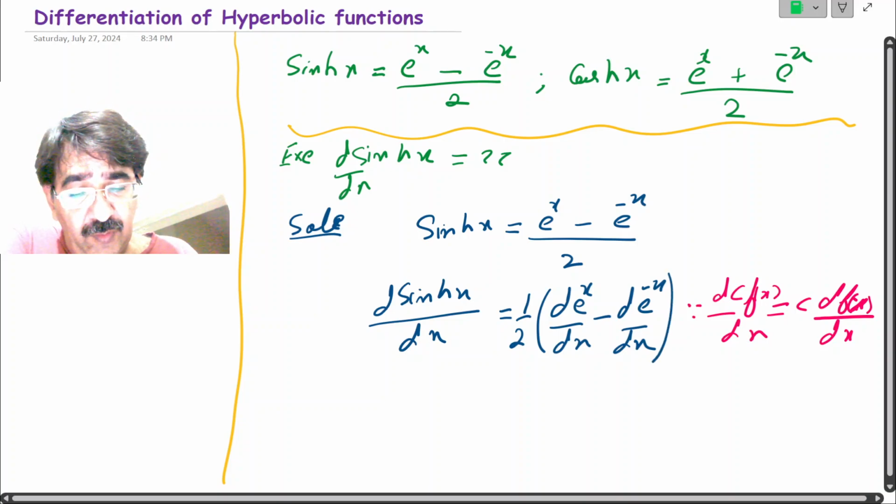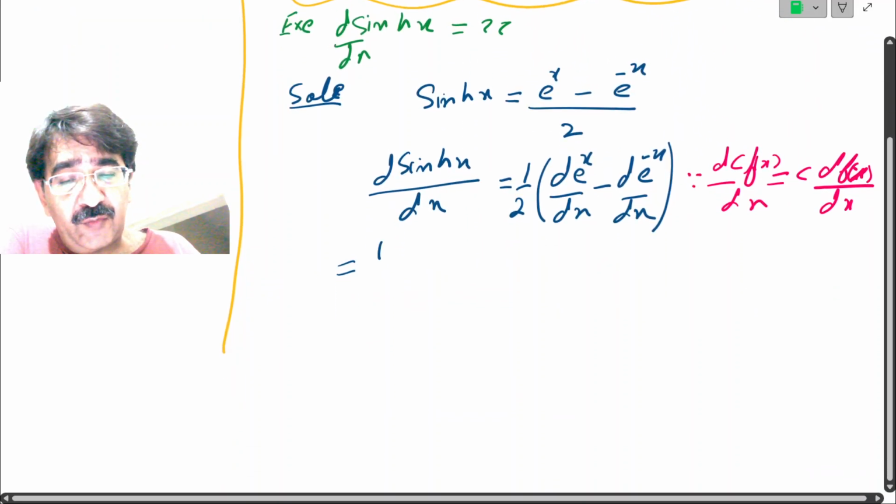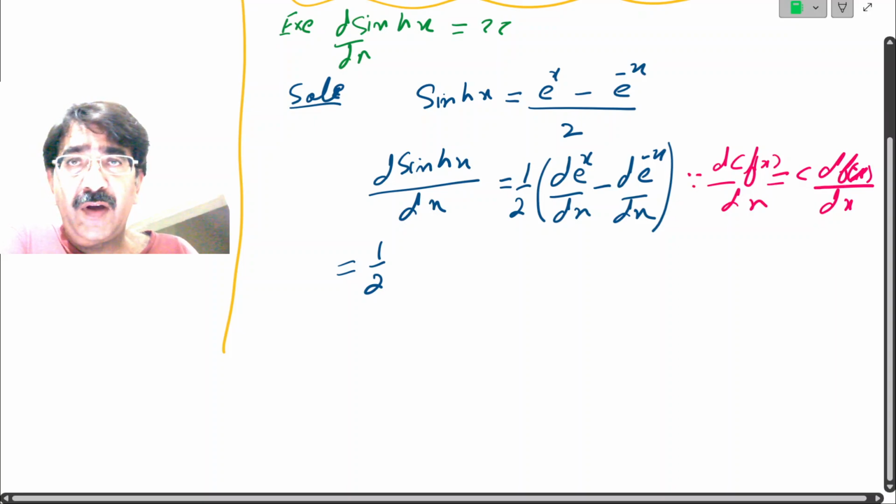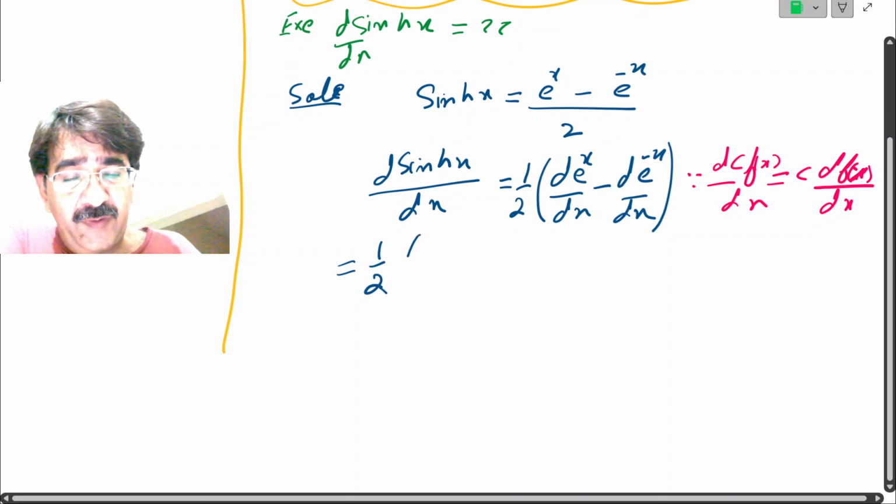As we know, the exponential derivative is the same. We have already derived it and proved it.